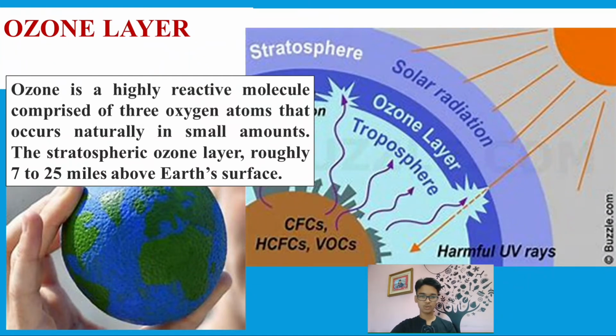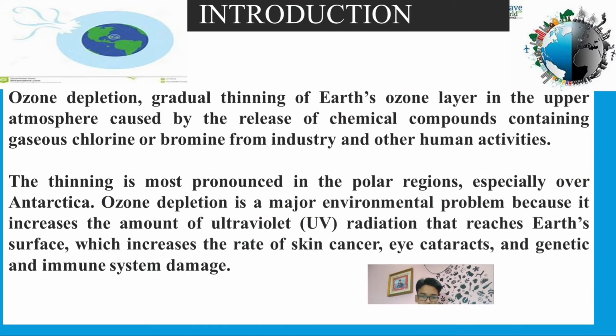Ozone is a highly reactive molecule comprised of 3 oxygen atoms that occurs naturally in small amounts. The stratospheric ozone layer is roughly 725 miles above Earth's surface. Introduction. Ozone depletion is the gradual thinning of Earth's ozone layer in the upper atmosphere, caused by the release of chemical compounds containing gaseous chlorine or bromine from industry and other human activities.